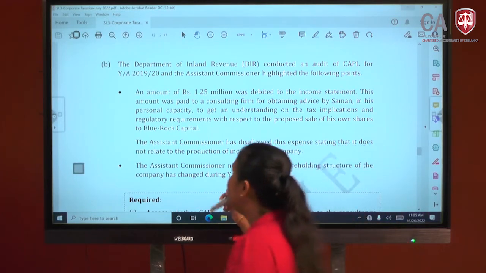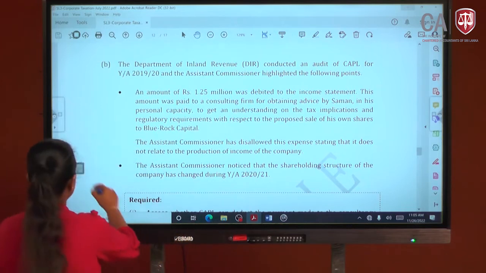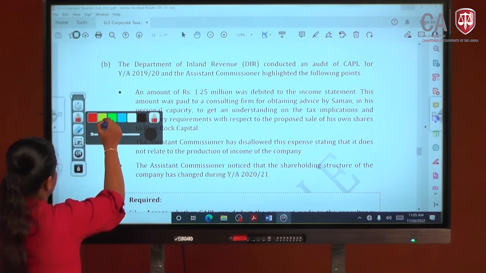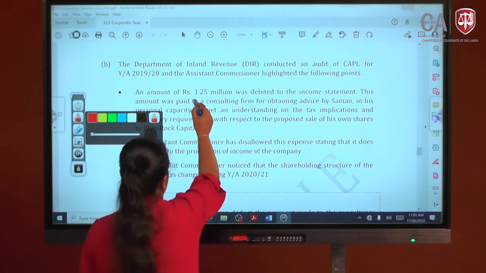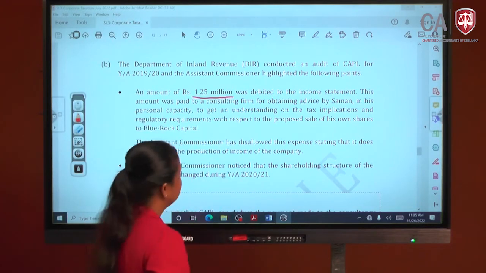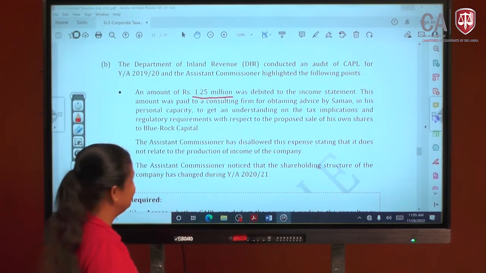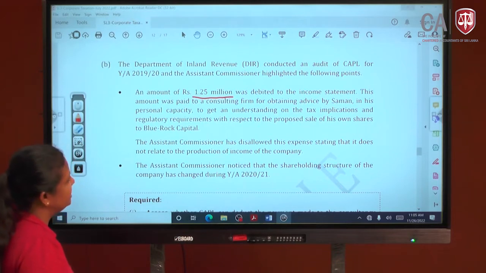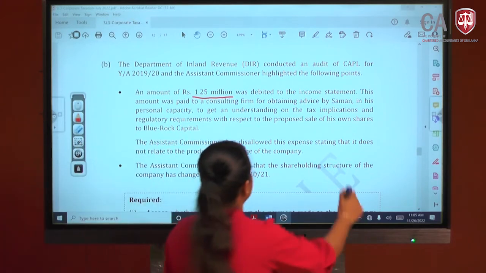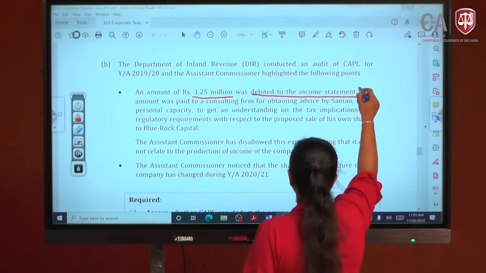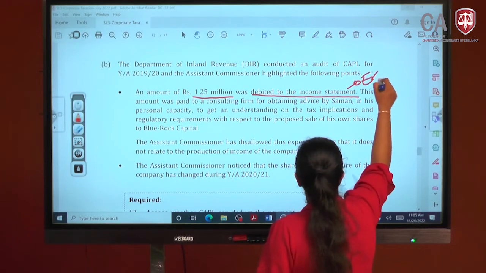What's the first one? An amount of rupees 125,000, not million, was debited to the income statement. Okay, it's debited to the income statement, that means it is an expense.